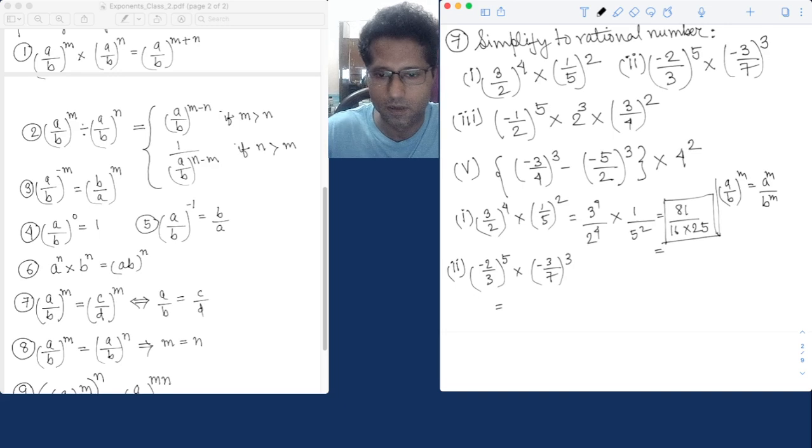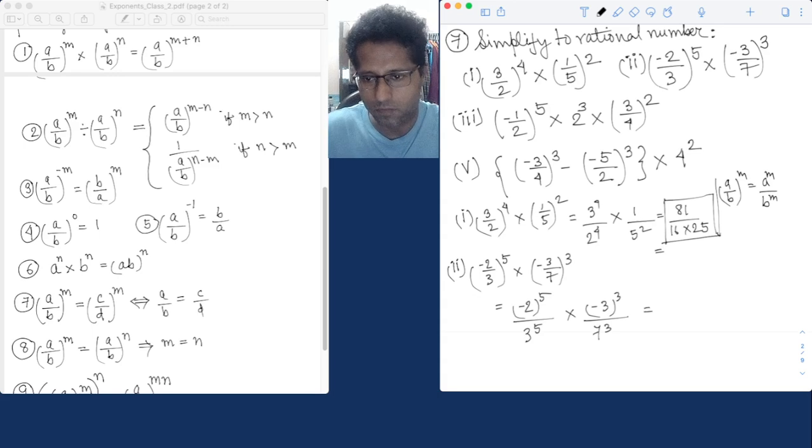So this equals (−2) raised to the power 5 divided by 3 raised to the power 5 multiplied by (−3) raised to the power 3 divided by 7 raised to the power 3.